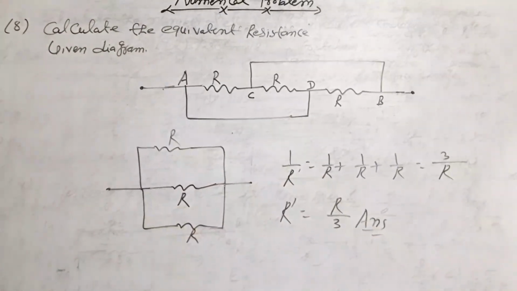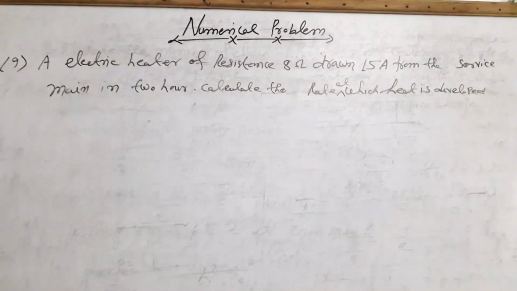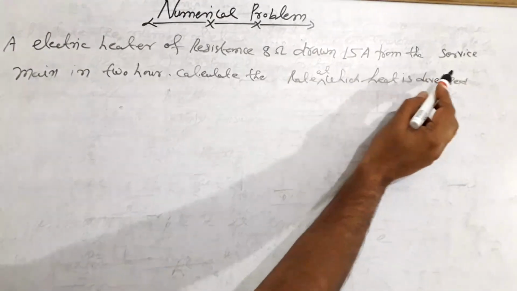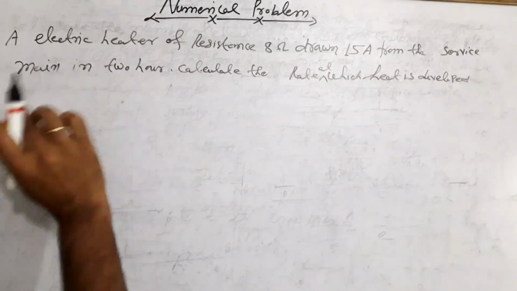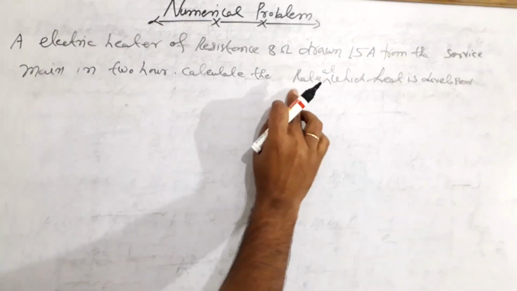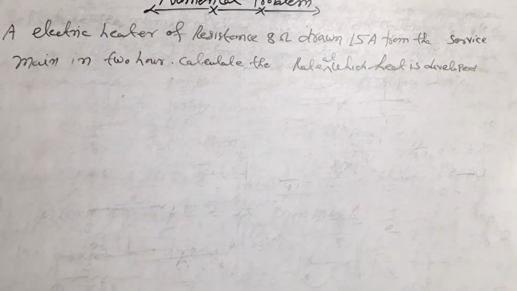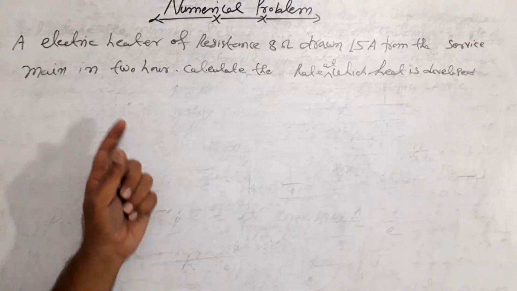Your resistance is R by 3. This is your answer. Now we discuss question number 9. An electric heater of resistance 8 ohm draws 15 ampere from the service main in 2 hours. Calculate the rate at which heat is developed. So students, first, your solution is to calculate the heat developed.